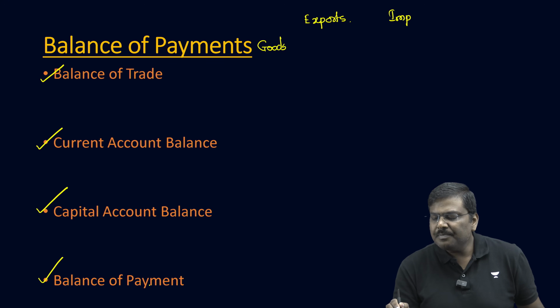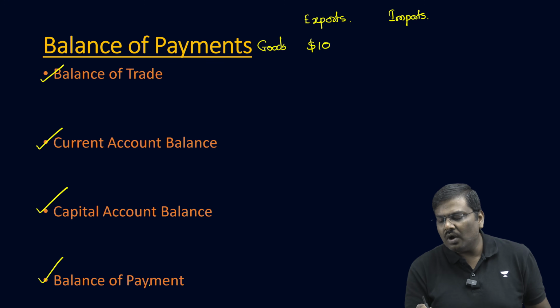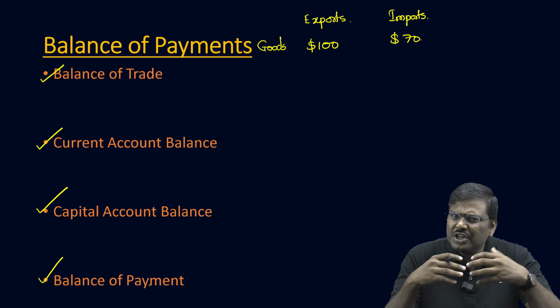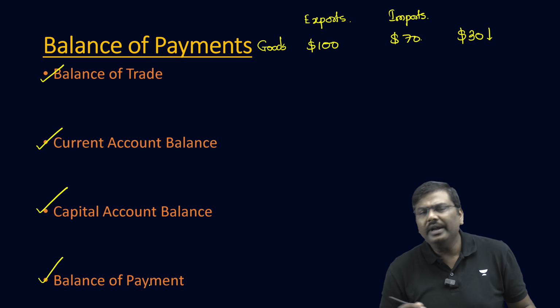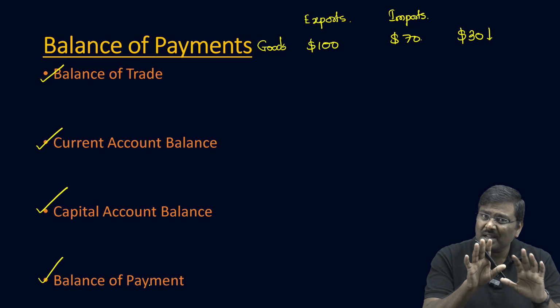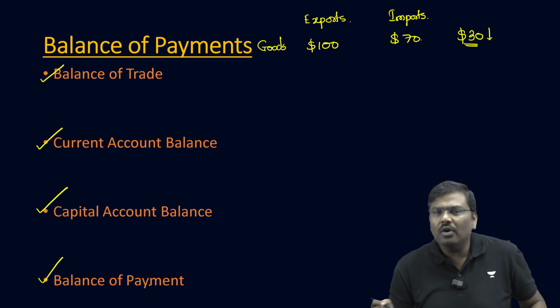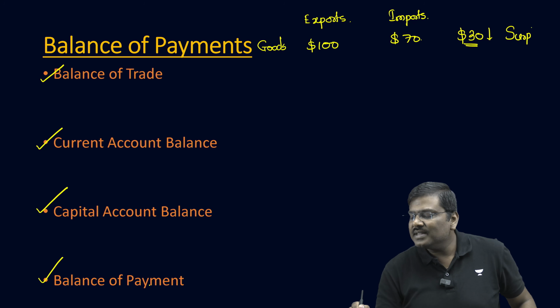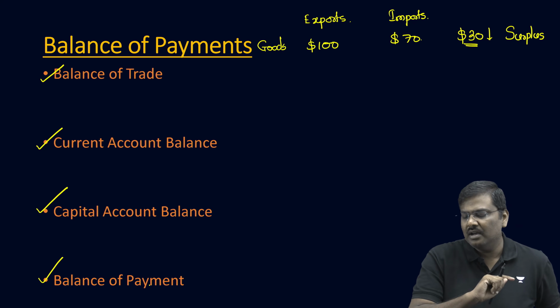If the value of exports is greater than that of imports, let's say $100 and this is $70, can I simply come to a conclusion? Because of the merchandise trade, there is a net inflow of $30 into India. Only look at the merchandise trade here. This kind of situation is called a surplus, and this is a surplus in the merchandise trade.